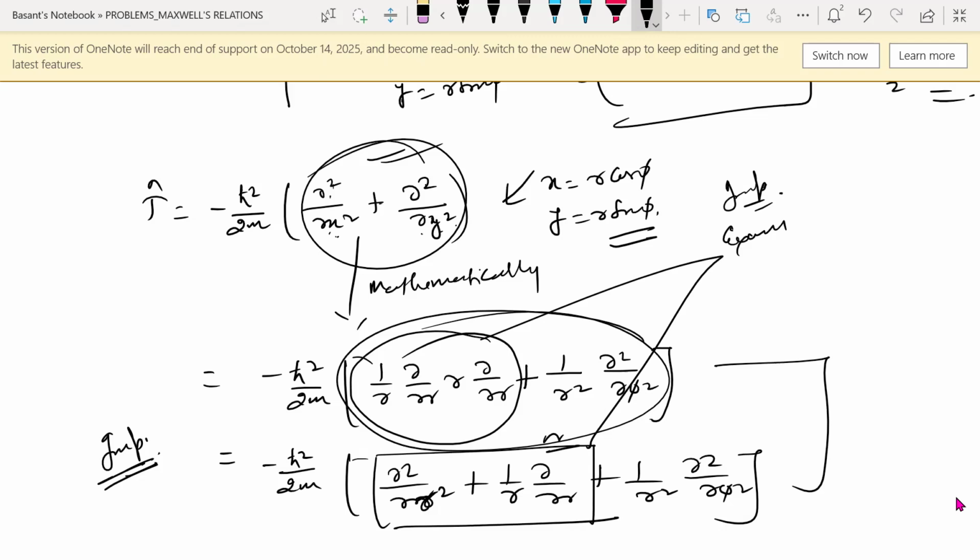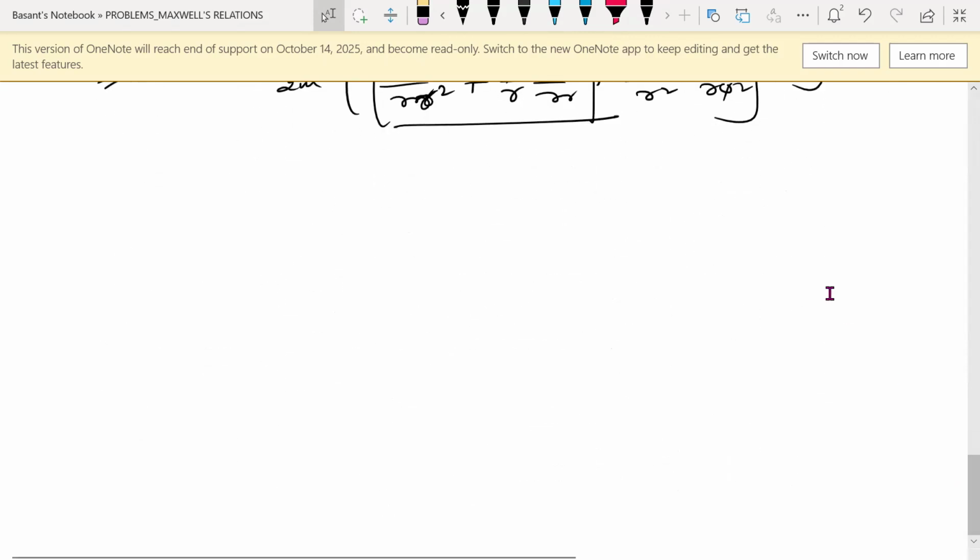Okay. Now, we have written here T plus V is equal to H. And T is ready in r, phi terms.